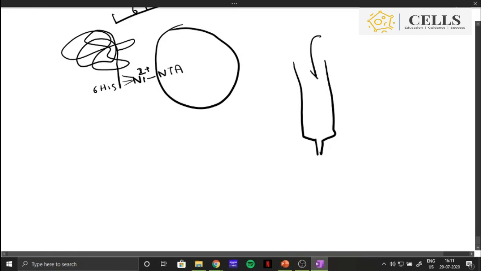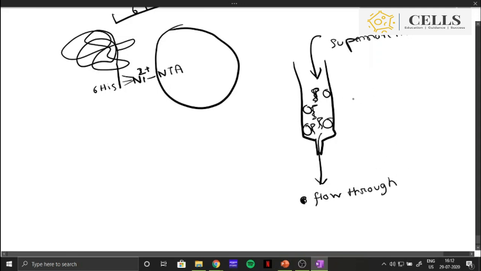When you pass the supernatant through, the histidine-tagged protein binds to the beads, and the rest of the protein, which is also known as the flow-through, is released from above. Now we'll see in detail how this is done in a stepwise fashion.